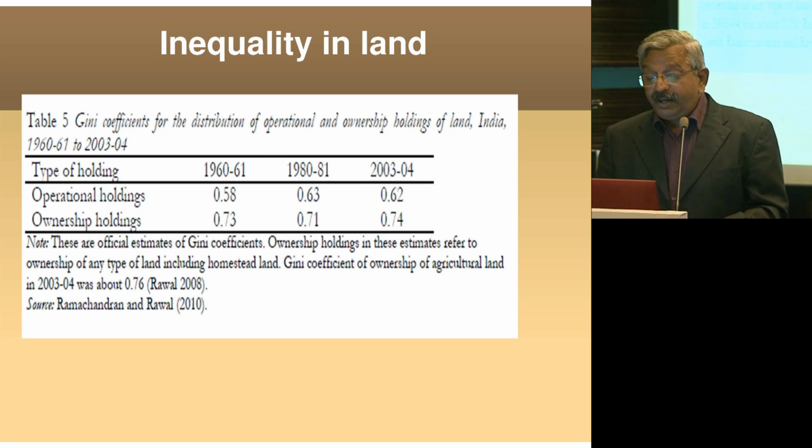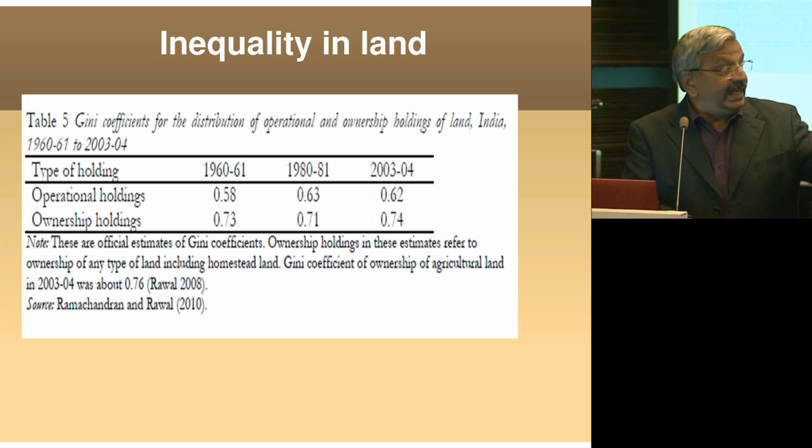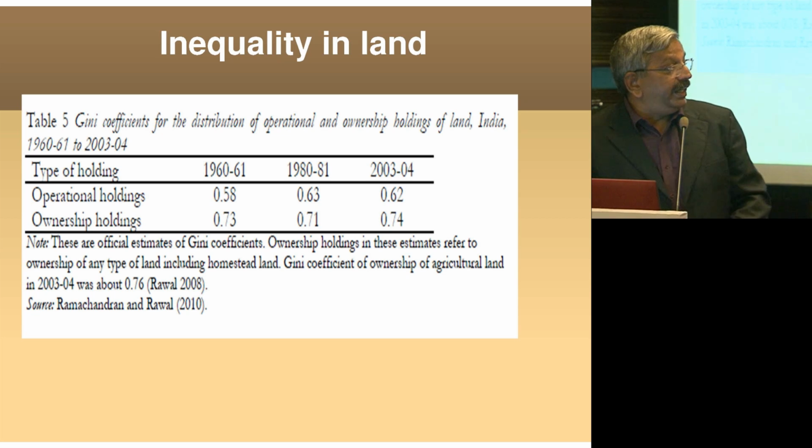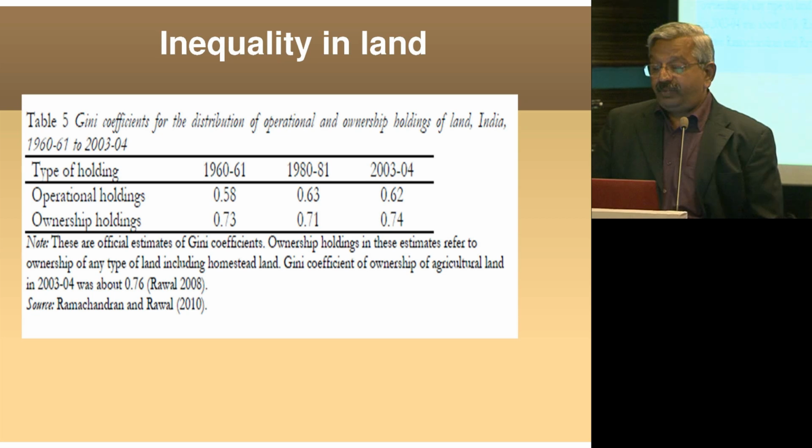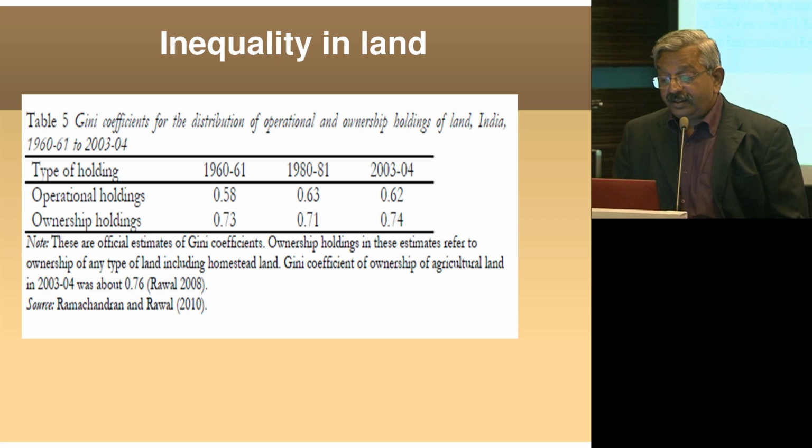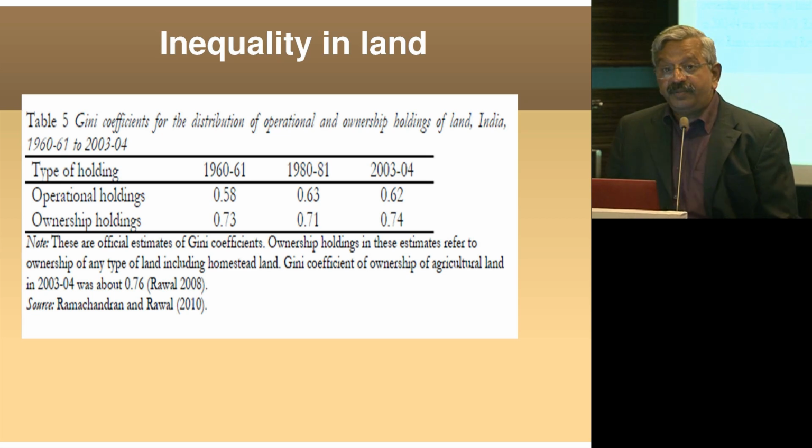So to talk about inequality of land, this is of course the official Gini. And in fact, the very first result from the survey, you will see in the footnote there that the Gini in ownership of land, no, that's official, that was 0.76. So there is variation in this, so the Gini coefficient is increasing.